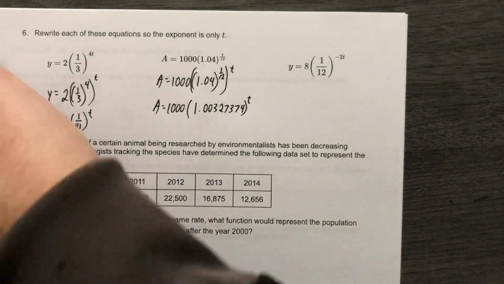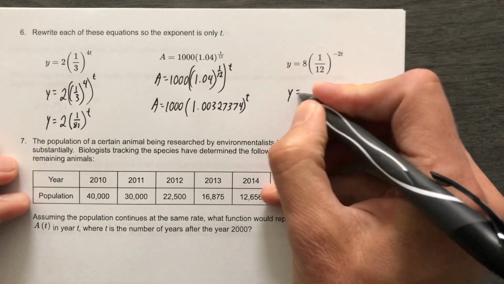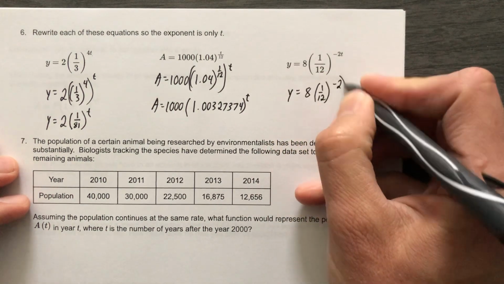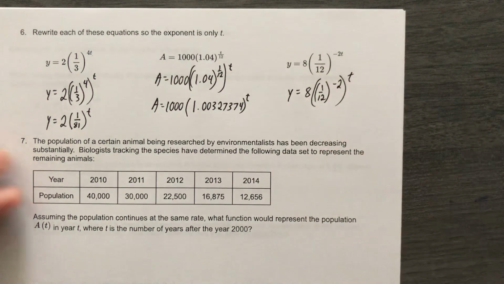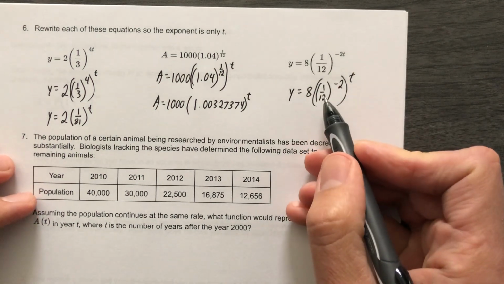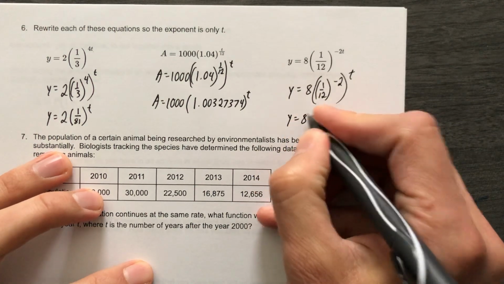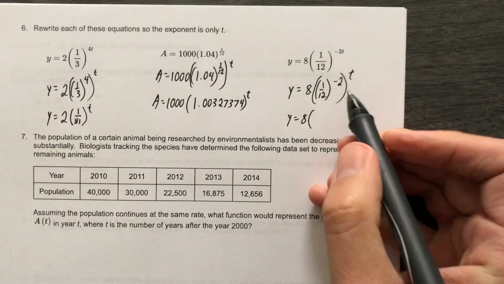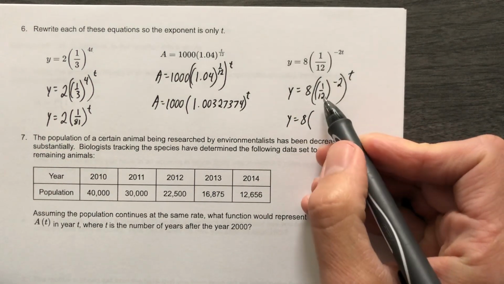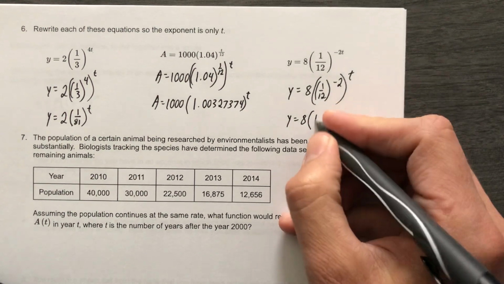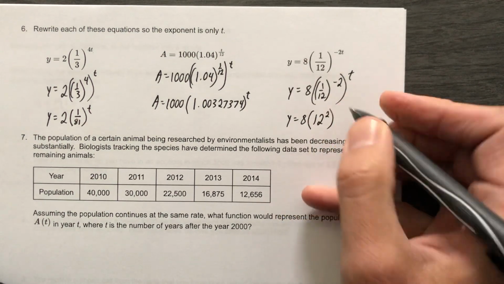Let's do the same thing on this one. Don't let the negative exponent throw you off. 8 times 1/12th to the -2, take another breath, to the t. Now we're going to do 8 times 1/12th to the -2. We'll do this one in our head. So y equals 8. Negative exponents move things. So this 12 is no longer in the denominator. It's now in the numerator, and it is squared.